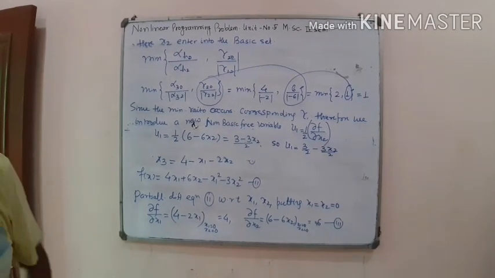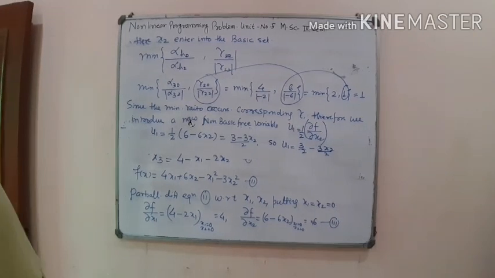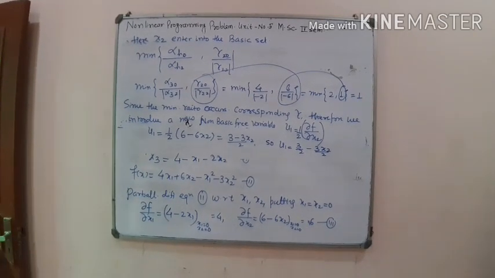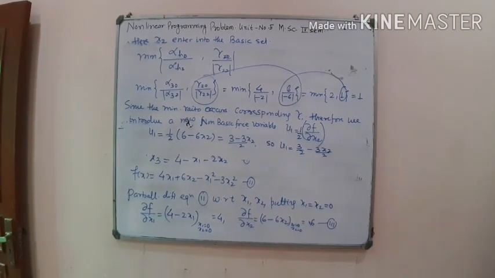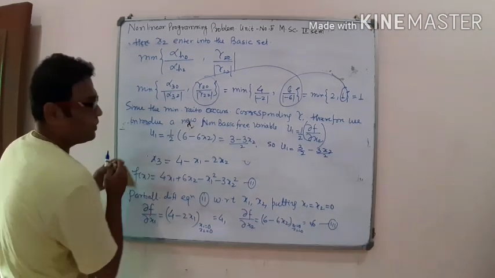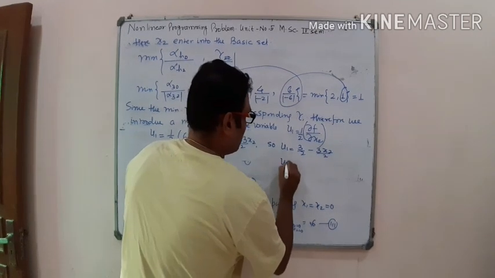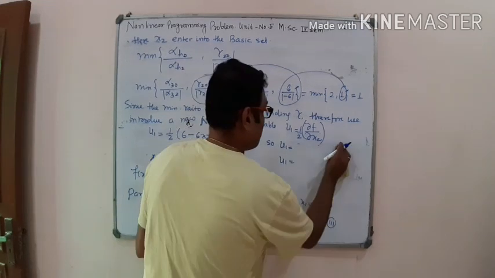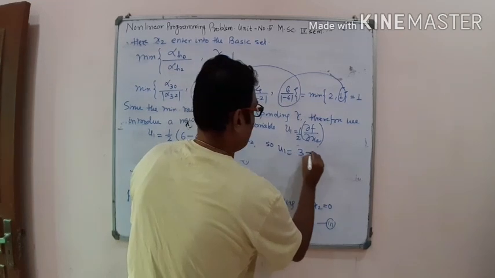Now we compute the value of x2. Sorry, just 1 minute. The u1 becomes 3 minus 3x2.